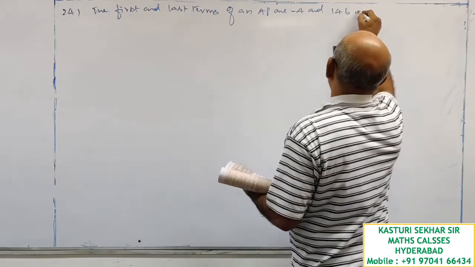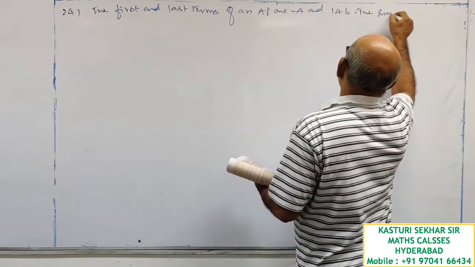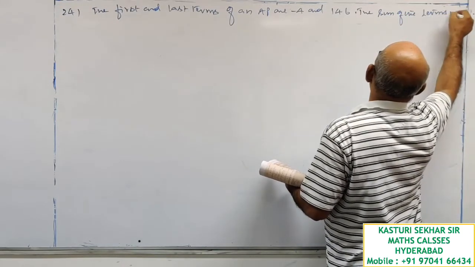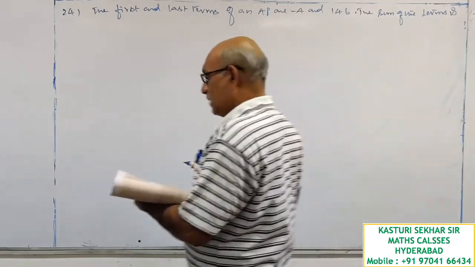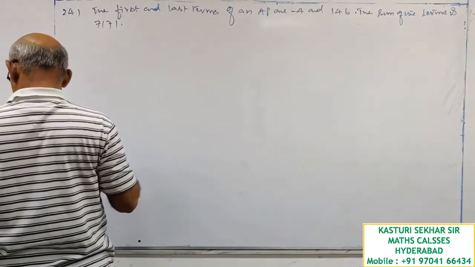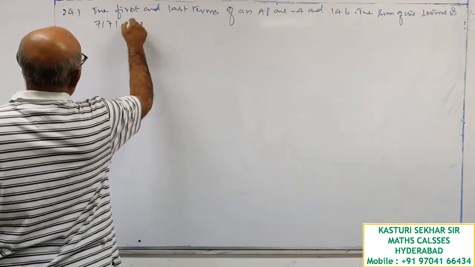The sum of the terms is 7171. The number of terms is?